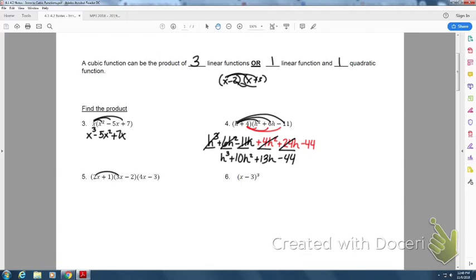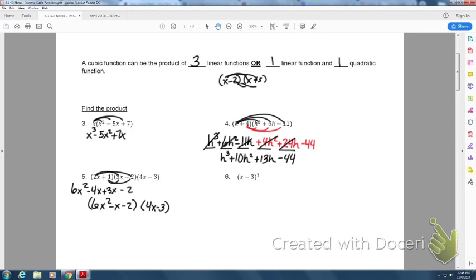So that is going to give me 6x squared minus 4x plus 3x minus 2. I can combine those two middle terms to get 6x squared minus x minus 2. And then you're going to multiply that by 4x minus 3.